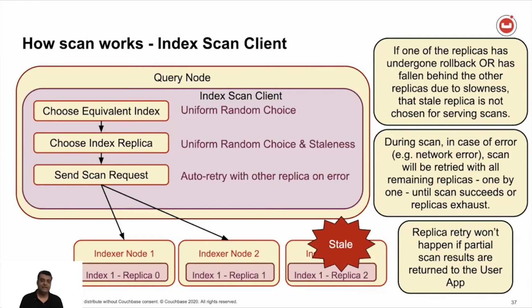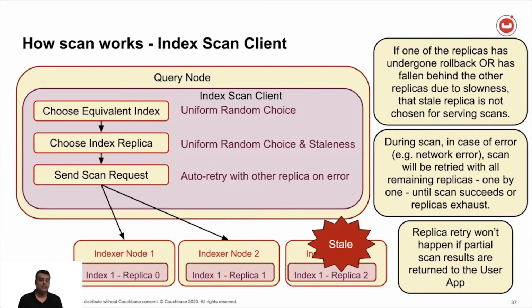Once the replica is chosen, the scan request will be sent to the corresponding indexer node. If there are multiple requests coming in, they will be distributed across indexer node 1 and indexer node 2 until replica 2 becomes active again.